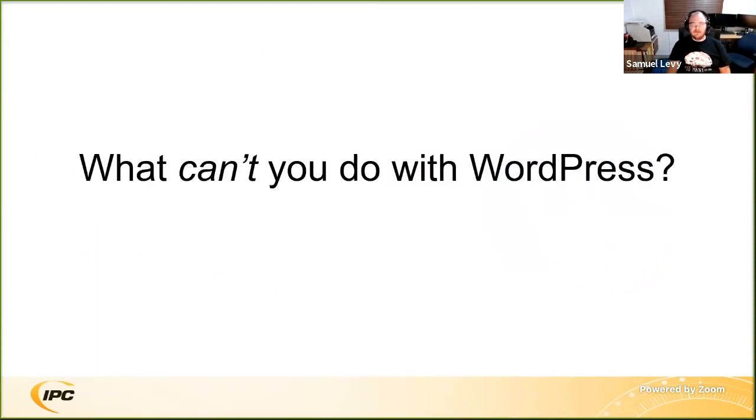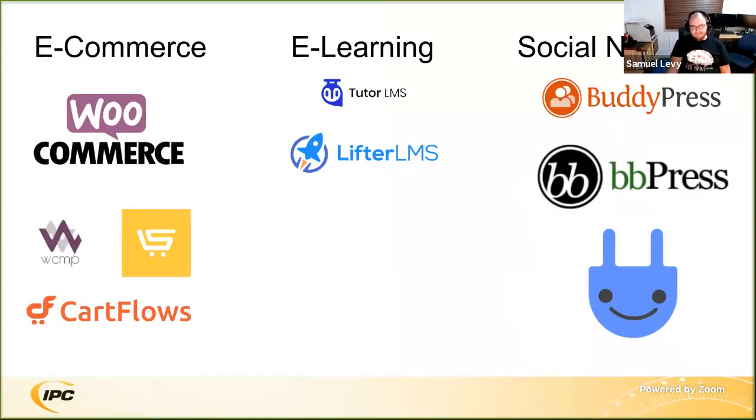Basically, you can do a lot of things with WordPress, and it makes you wonder what you can't do with WordPress. Not much. If you want e-commerce, just open source straight out of the box. There's WooCommerce, there's a whole bunch of other plugins, e-learning plugins that just convert your WordPress site into doing all sorts of things.